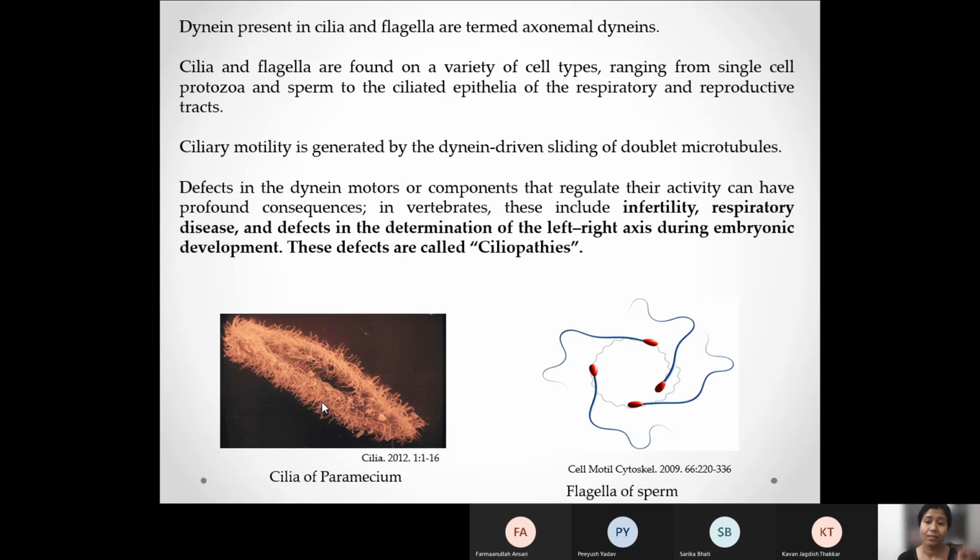So when we said that the dyneins move in the opposite direction, we were mostly talking about these cytoplasmic dyneins. There are some dyneins which are present in these flagella or cilia, these appendages, and they are fixed in their space, and they help in moving these microtubules one past the other.